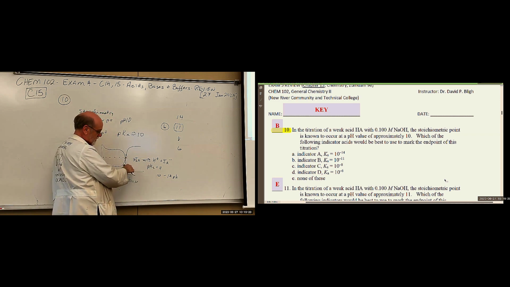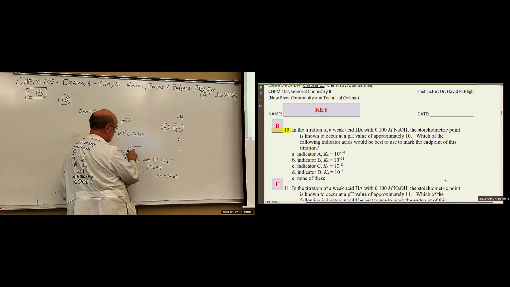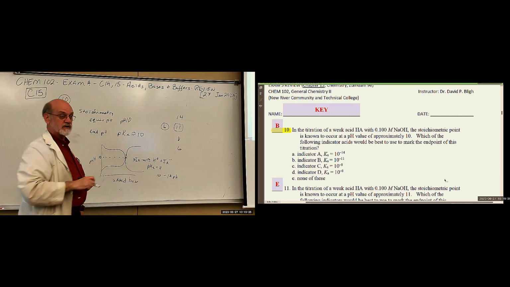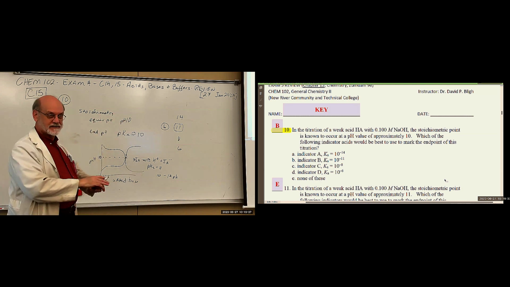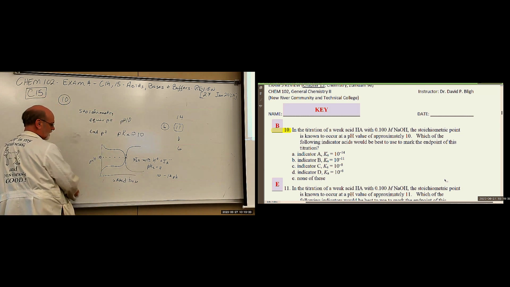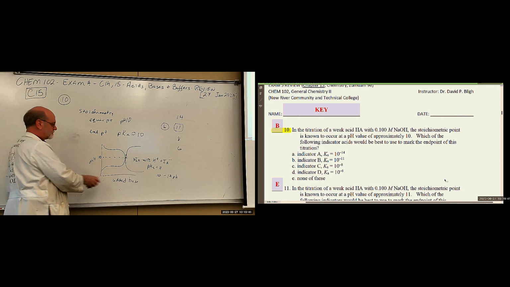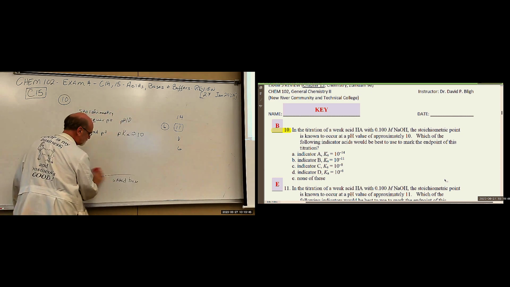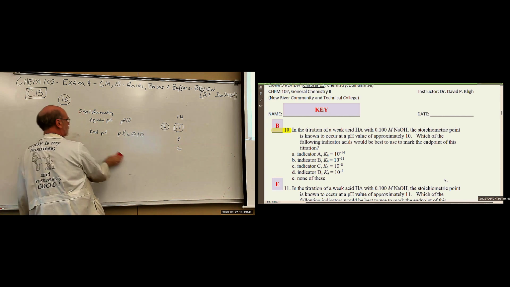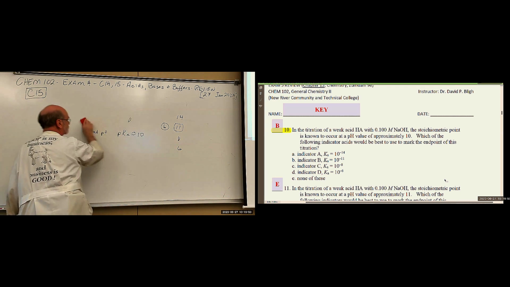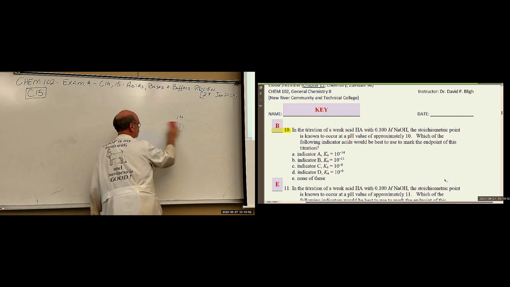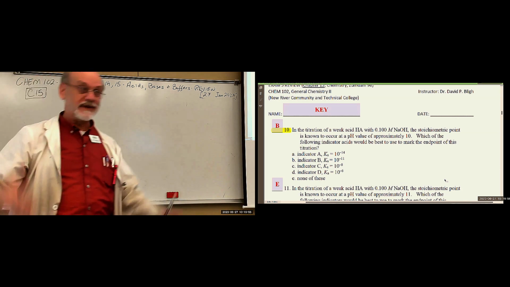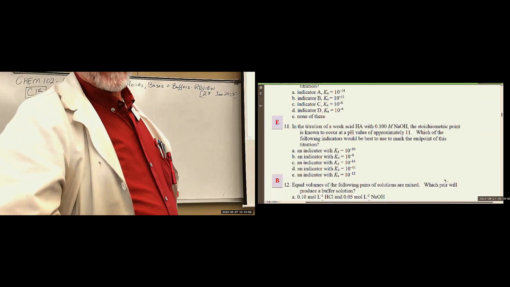But if you go in the other direction, then you would probably want maybe a pKa of 9 would be a better choice if it's available. Okay, that's just a practical application. But to answer the question, B would be the best answer for 10. And of course, if it's a multiple choice, then you pick the best answer, whatever you have available.